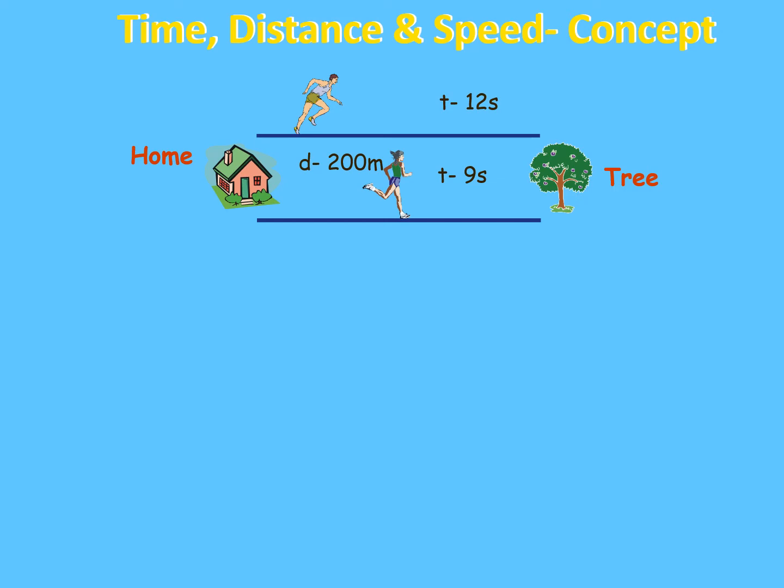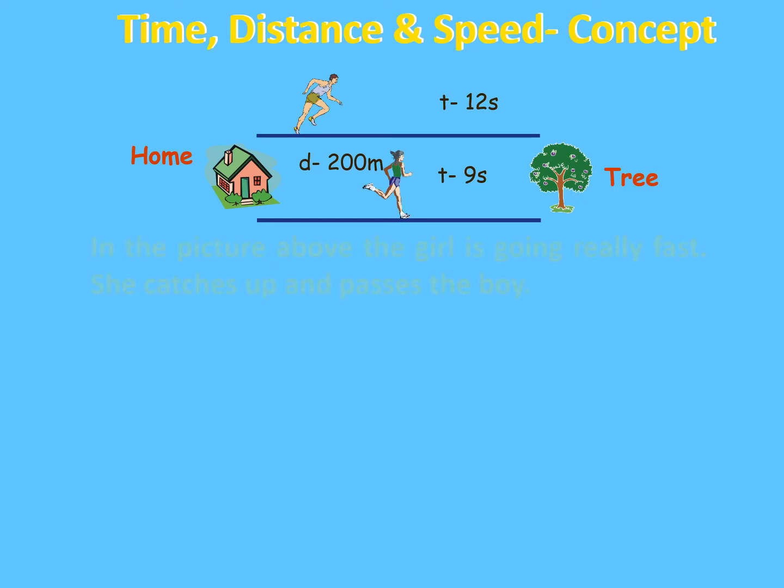The boy uses 12 seconds to cover that distance, and the girl uses 9 seconds. If you look at this, they have the same distance to cover, but they have different times. So how do you describe this concept?